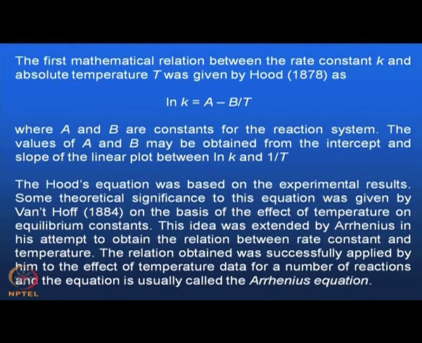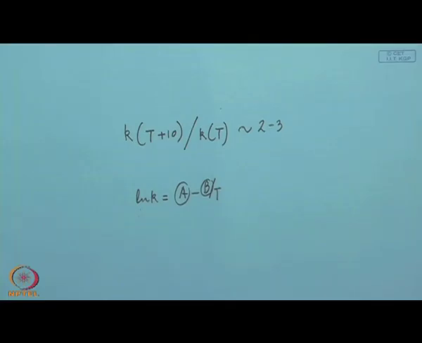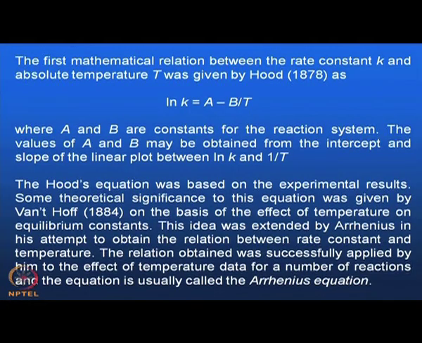So it is based on experience. Some theoretical significance to this equation was given by Van 't Hoff in 1884 on the basis of the effect of temperature on equilibrium constant. Van 't Hoff tried to give some idea why this happens, on the basis of the effect of temperature on chemical equilibrium constant.